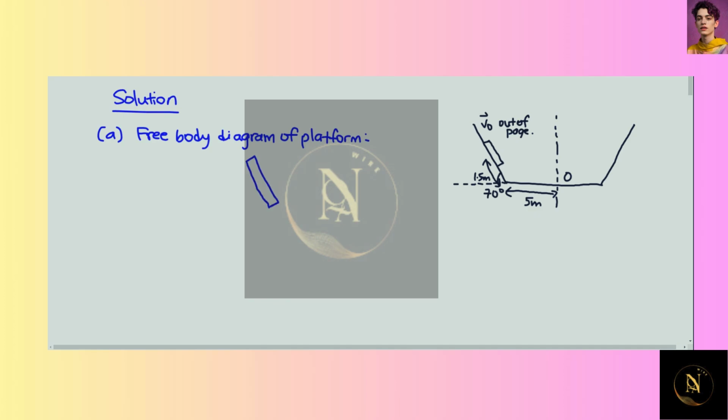It has a weight mg, and then you have a normal force pointing like this, and the angle here is 70 degrees. The centripetal acceleration is to the right, and this angle is 20 degrees.